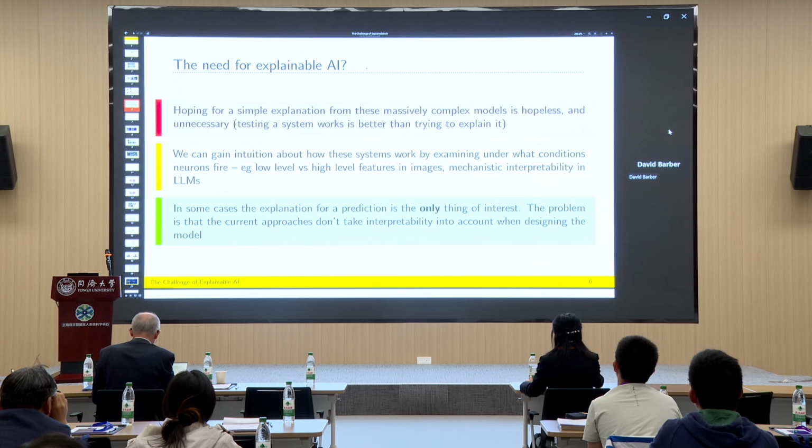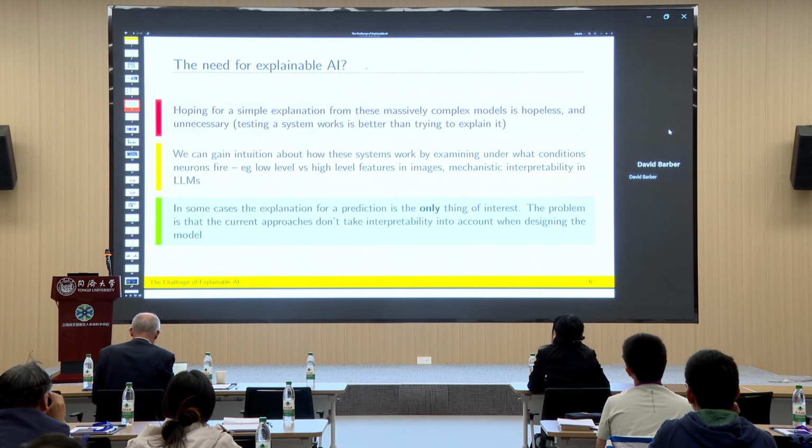Another viewpoint is that, yes, maybe they are very complicated and it's difficult to get a full understanding, but perhaps we can gain some intuition about how these systems work by examining under what conditions, for example, the neurons deep inside these deep networks might fire.